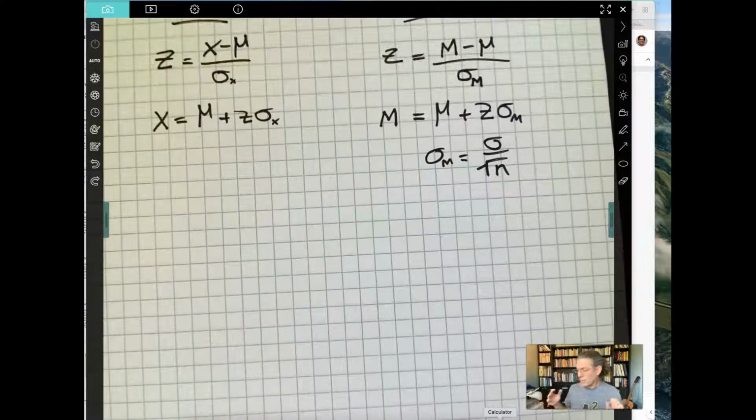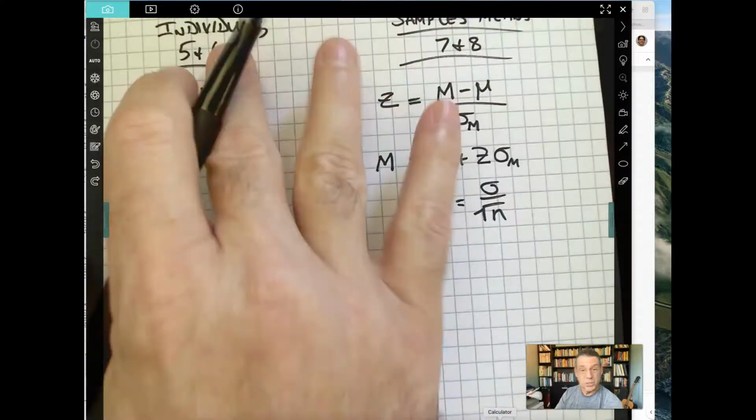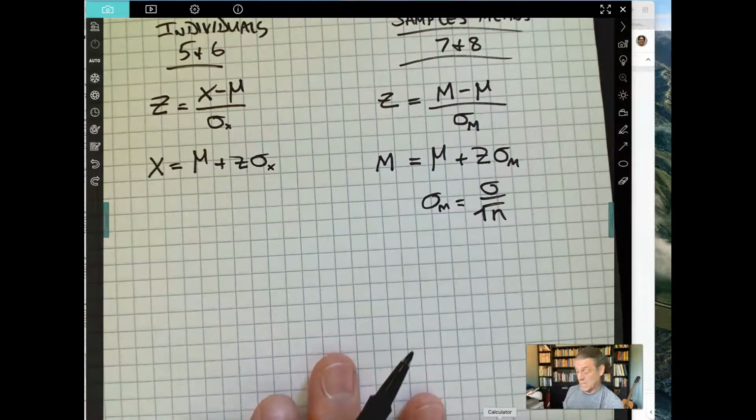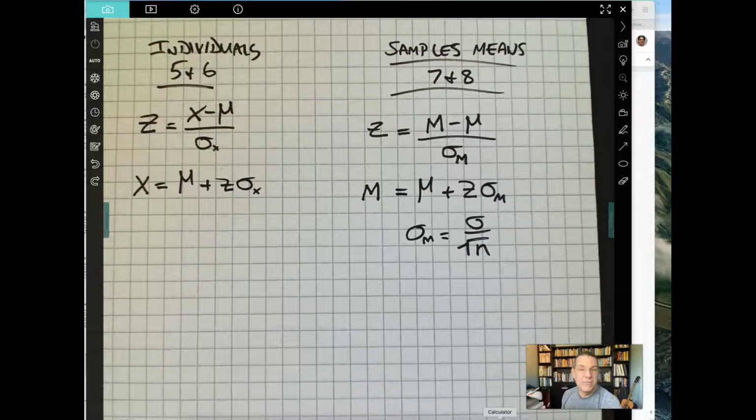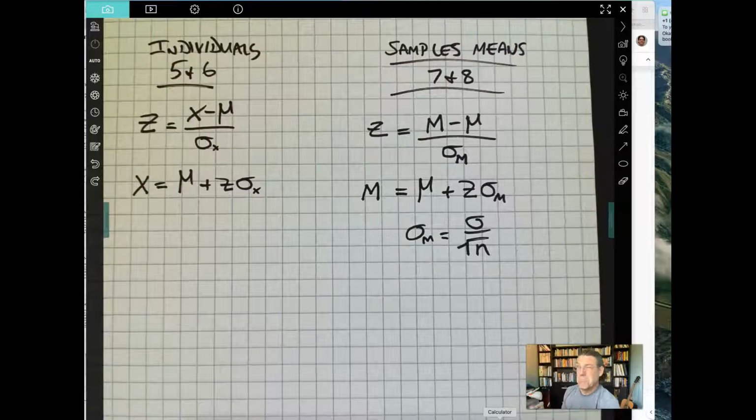So here's where this is going to go. I want to just take a question very similar to what we did in chapter 6. We would say something like, what's the probability of an individual having, let's say, an IQ score greater than 107? Okay, so we might ask that question, right?